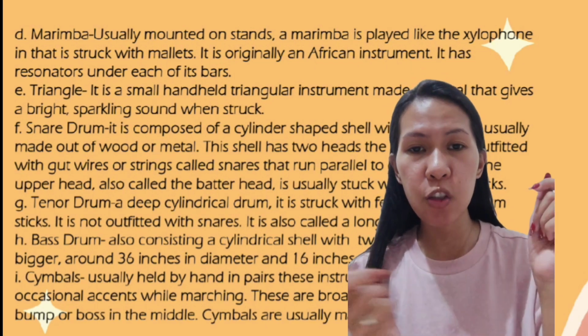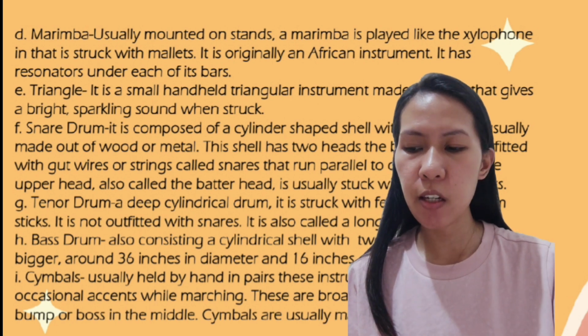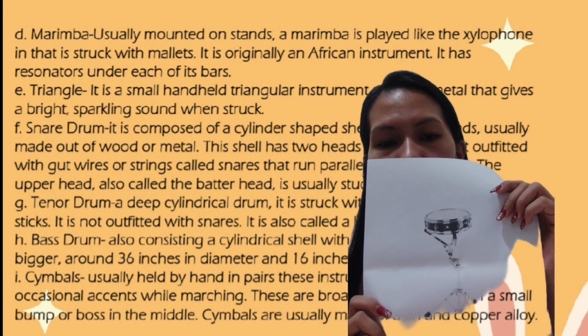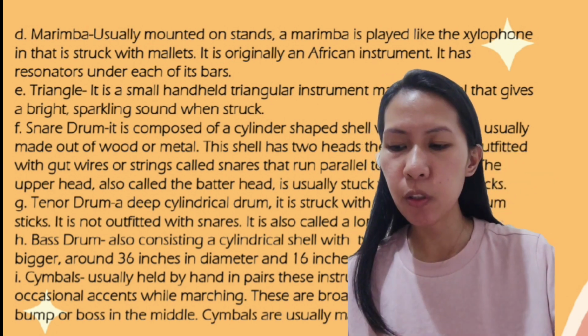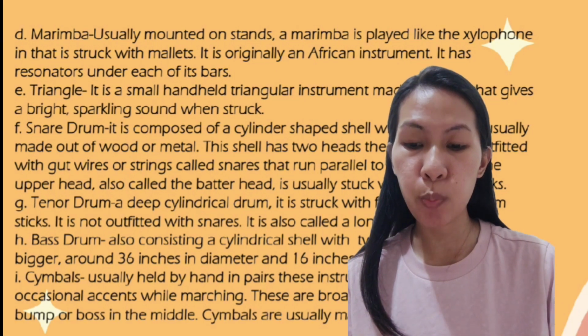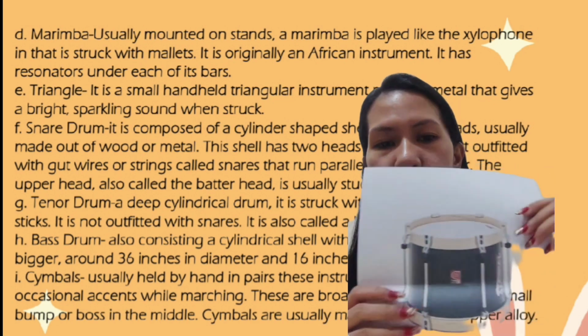So, pag tinamaan siya, malakas talaga yung tunog niya. Next is the snare drum. Yan po siya. The snare drum is composed of a cylinder-shaped shell with two heads usually made out of wood or metal. Next is the tenor drum.